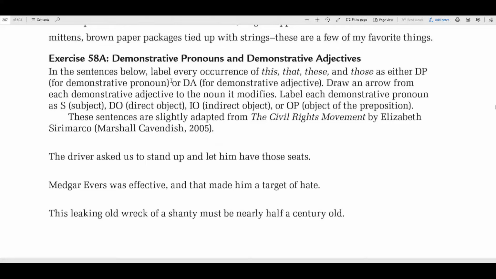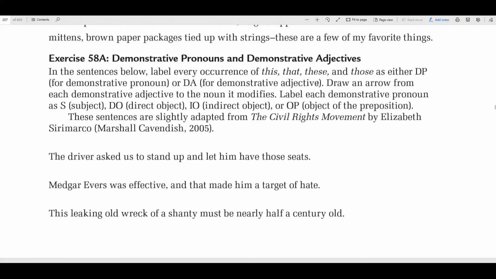So let's look at this exercise and see if we can do this. In these sentences below, we're going to label every occurrence of this, that, these, and those. And it's either going to be a DP for a demonstrative pronoun. And remember, it can take the place of a noun or a group of words. Or we're going to label it as DA for a demonstrative adjective.